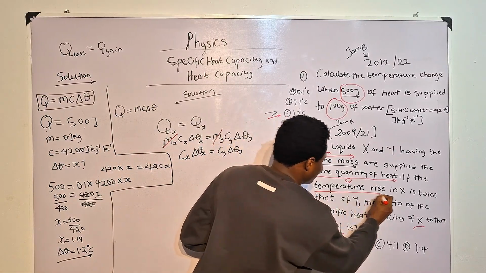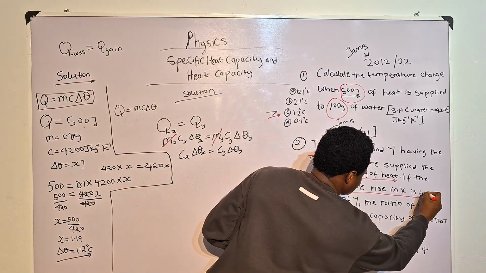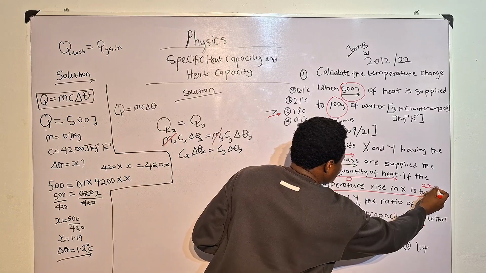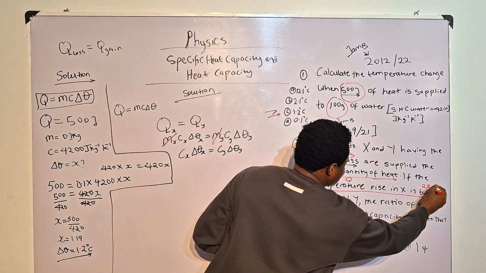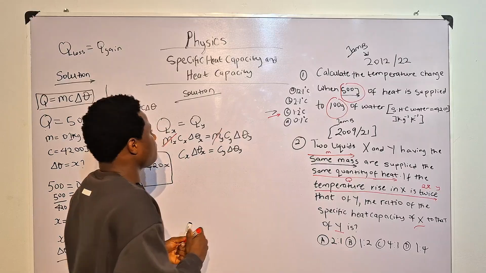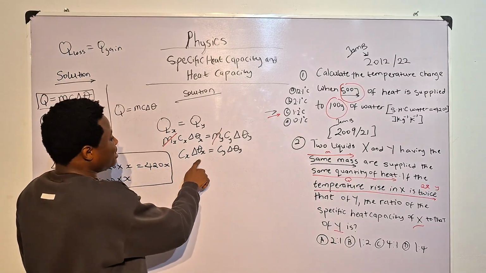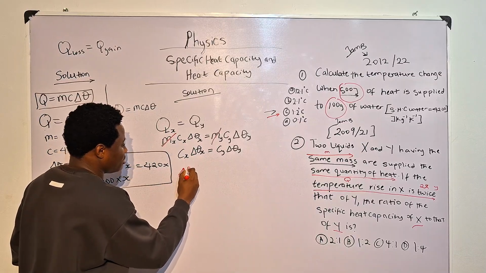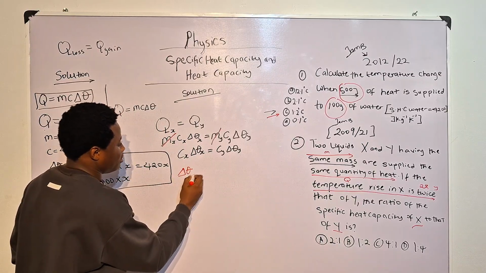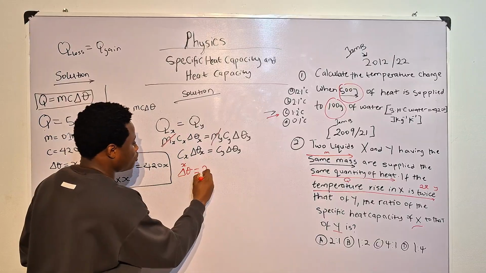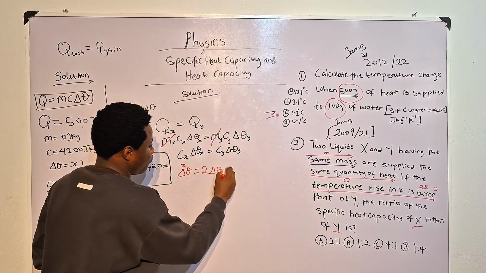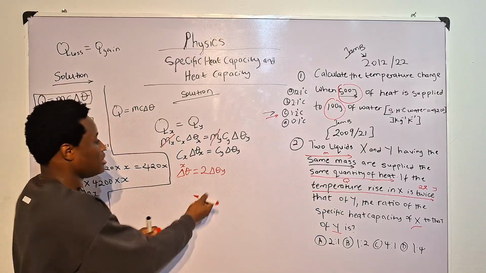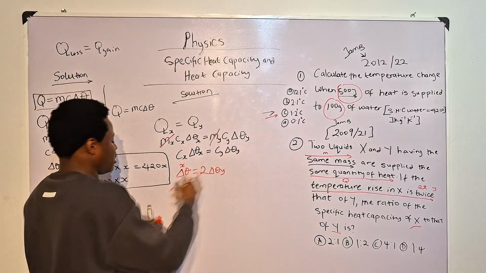They said if the temperature rise in X is twice, meaning that the change in temperature of X is two times that of Y. That is, change in temperature in X is equal to two times change in temperature of Y. So anywhere we see change in temperature for X, we put two times change in temperature of Y.